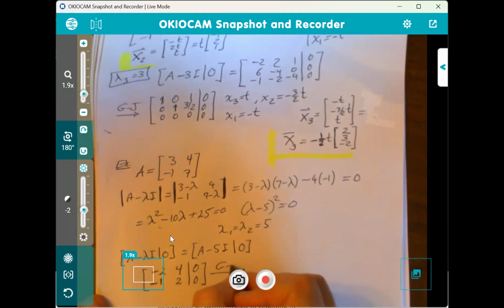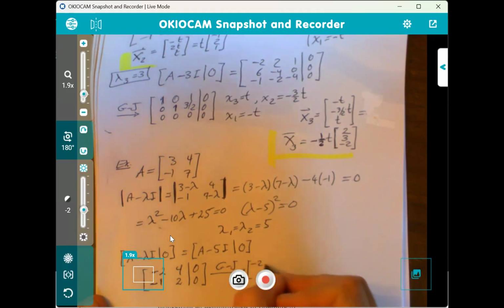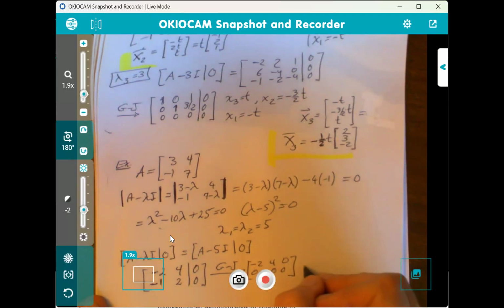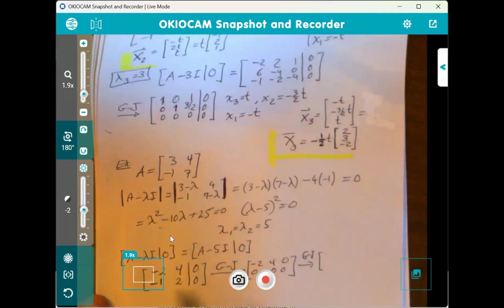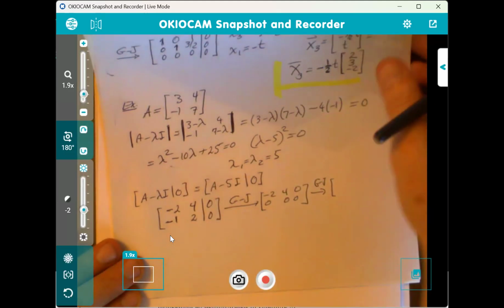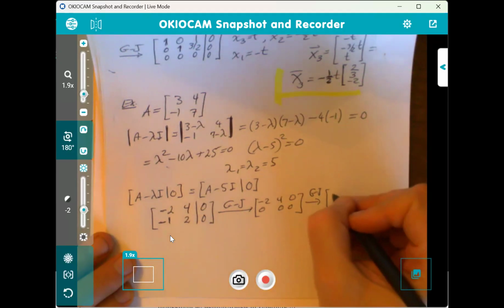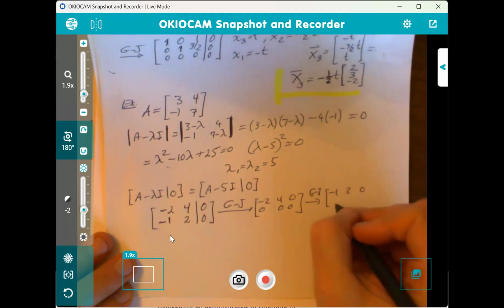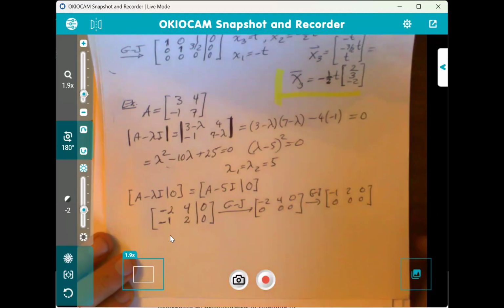If you want Gauss-Jordan this, Gauss-Jordan will give you negative 2, 4, 0, 0, 0, 0, or you can also get the other version of Gauss-Jordan, because these are two dependent rows. So you can actually write this as first row, negative 1, 2, 0, and then second row, make it 0.